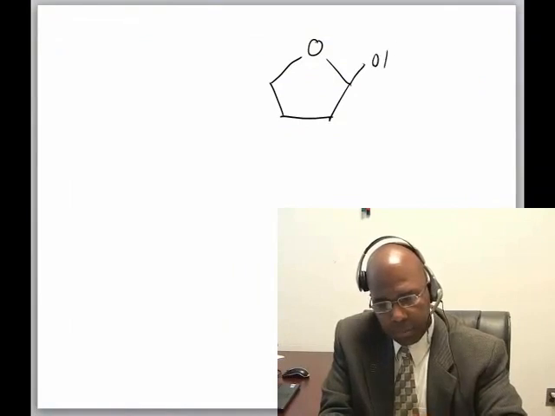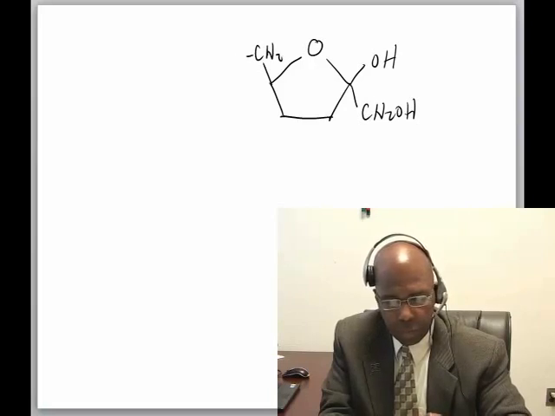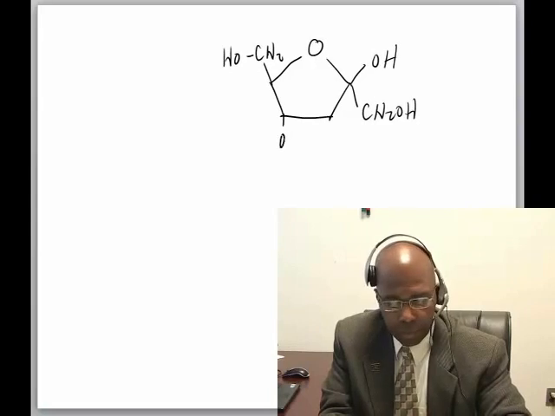We'll make this beta D fructose, CH2OH, CH2OH. And this one goes down, and this one goes up.